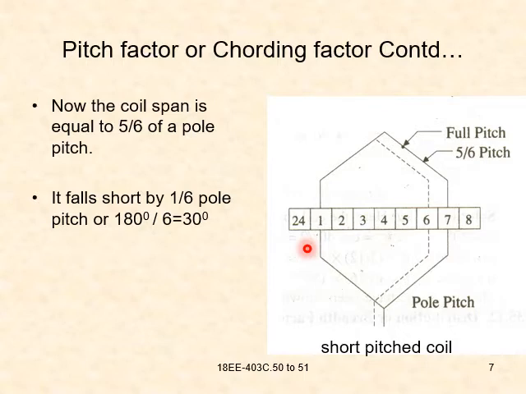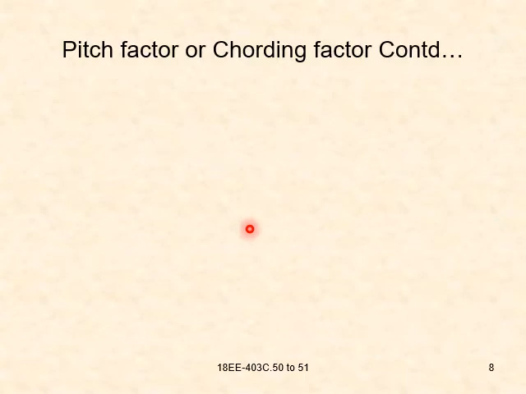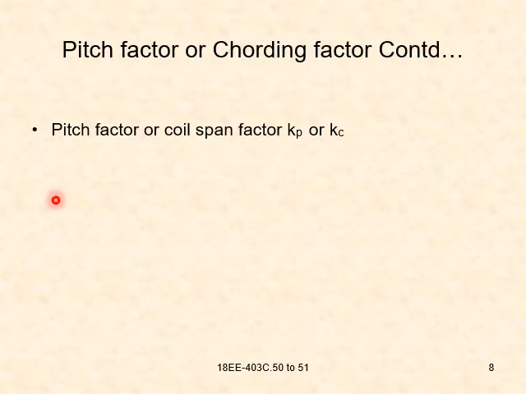So moving on to the next slide, the continuation of pitch factor and cording factor. Now we can see pitch factor or coil span factor, that is denoted by Kp or Kc. If we call it pitch factor, then it is Kp, and if we call it cording factor, then it's Kc. So both are actually the same. We can call it Kp or Kc.